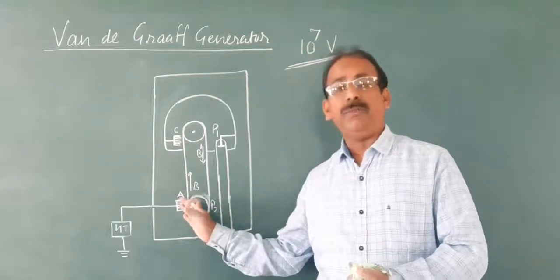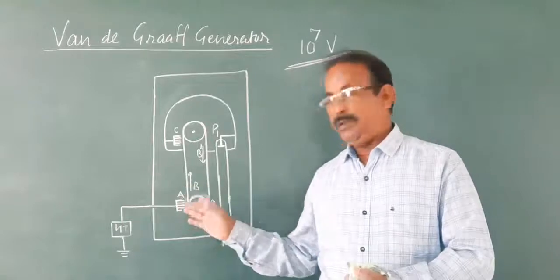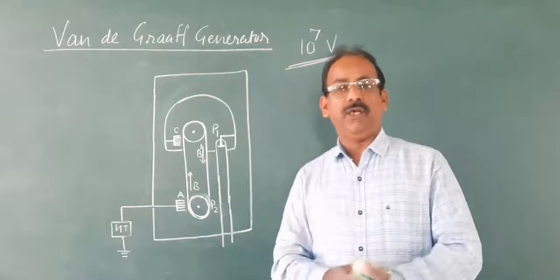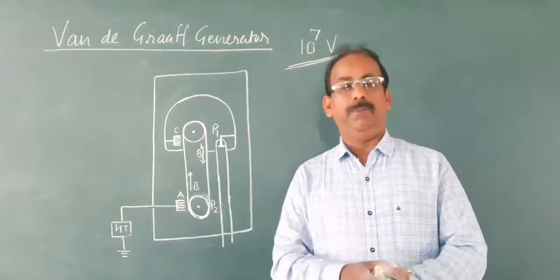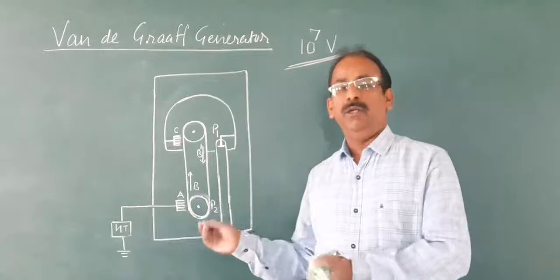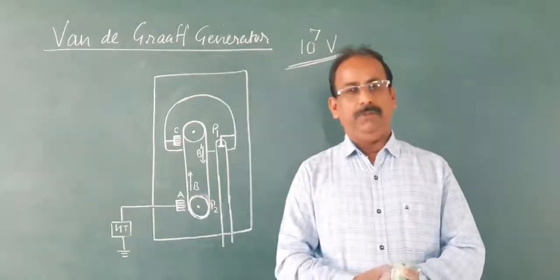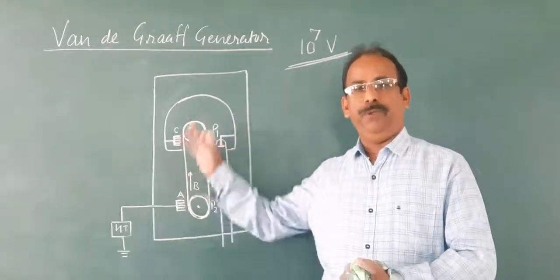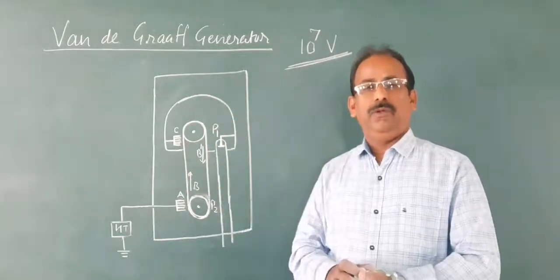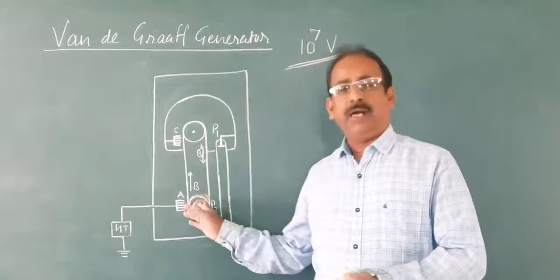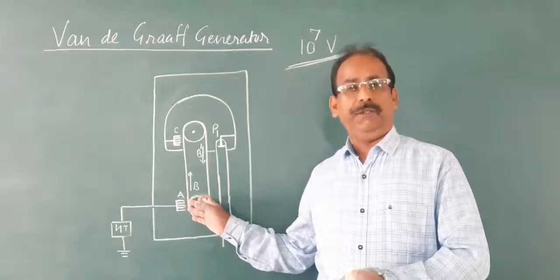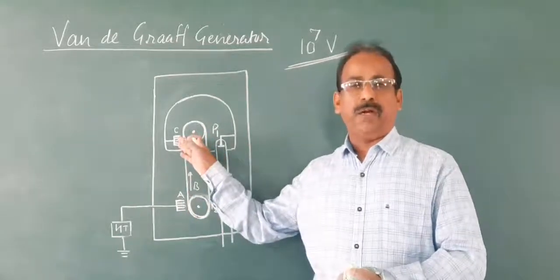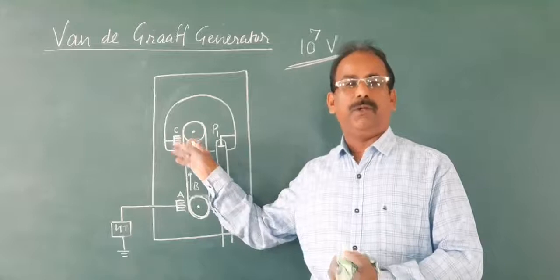Here discharge takes place at the ends of this pointed wire. Discharge of that electric charge takes place at the end of the pointed wire, and this electric charge then comes onto this rubber belt. This rubber belt is moving on these two pulleys. The electric charge that comes on the rubber belt will get received by the next brush, called the collector brush.